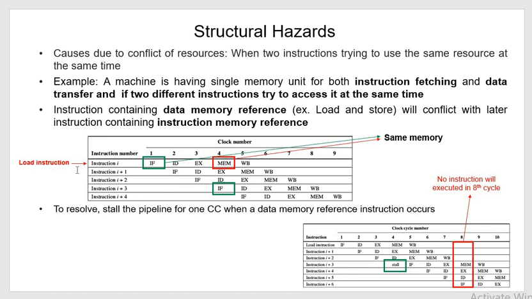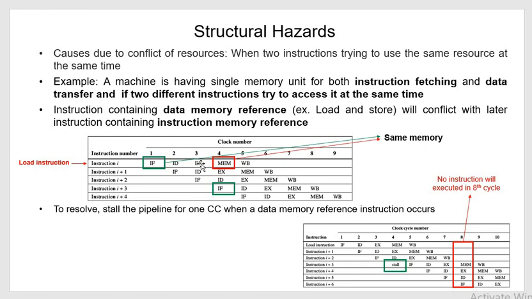As per the sequence of execution in the pipeline structure, in the first clock cycle the first instruction, the load instruction, will be fetched from memory. During the second clock cycle, the first instruction, whose opcode was fetched in the first clock cycle, will be decoded, and at the same time the second instruction, I+1, will be fetched from memory.